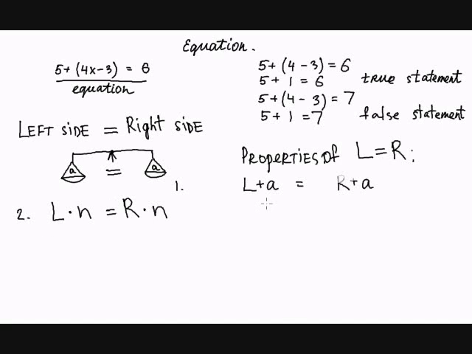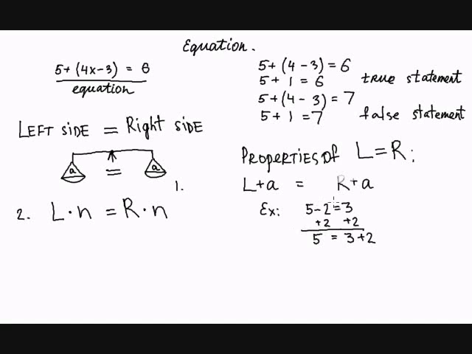Let's do a couple of examples. For example, we have 5 minus 2 equals 3. This is an equation. If I add 2 to both sides, according to the addition property, the equation has to be preserved. And we have 5 equals 3 plus 2.